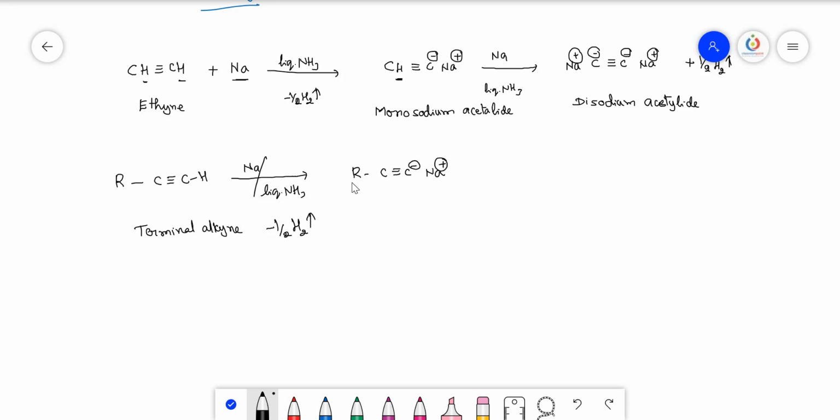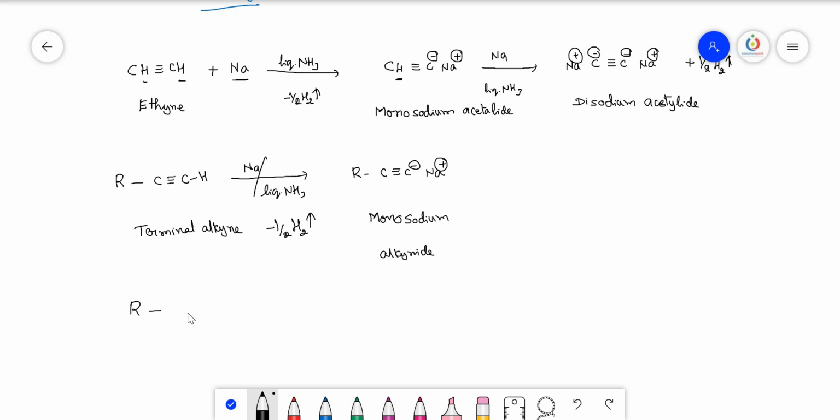Then how to name this molecule? Because an alkyl part is there, it is called monosodium alkynide, not acetylide. Since the earlier one was from acetylene, I wrote acetylide; this is simply an alkyne, so I have written alkynide. Like this, molecules are formed.